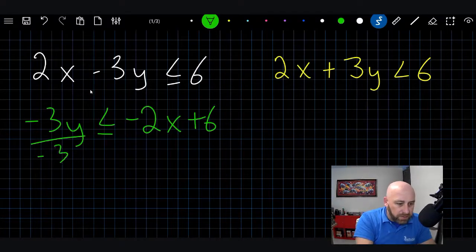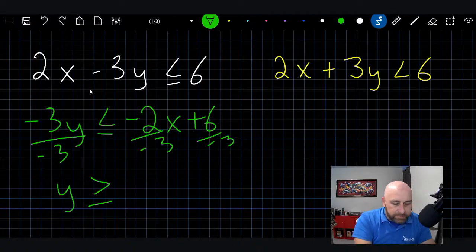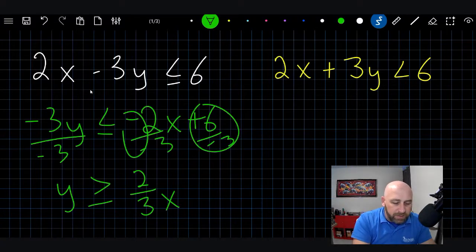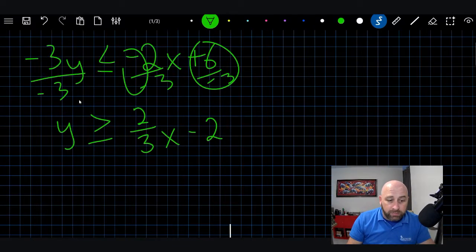Divide both sides by negative 3. When we do that, we are going to flip our sign. Don't forget, because we're dividing by a negative. Negative divided by negative makes positive 2/3 x, and negative 6 divided by negative 3 is negative 2. All right, so we're ready to graph that one.